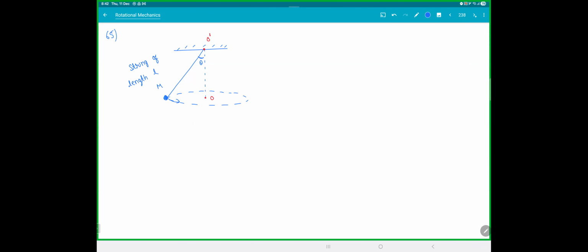This is going with speed u. Find the angular momentum about O and angular momentum about O dash. O is the center of the circle and O dash is the point of suspension.